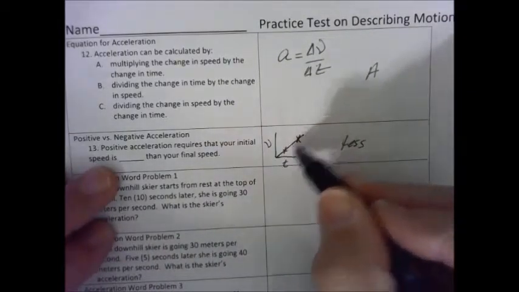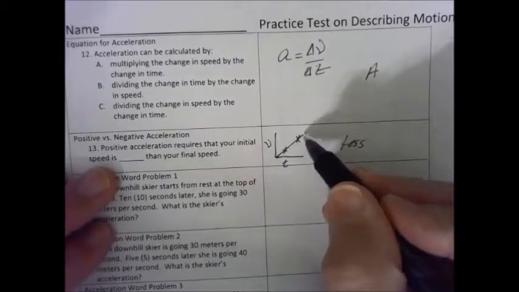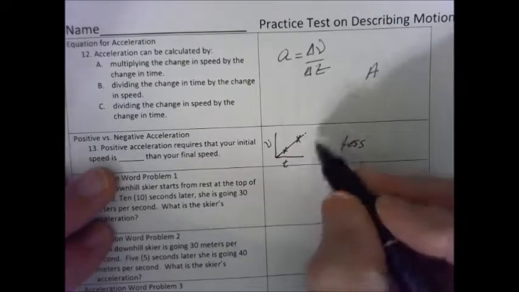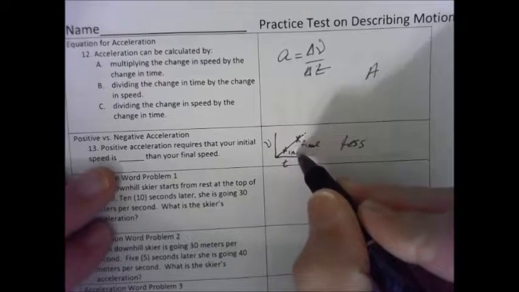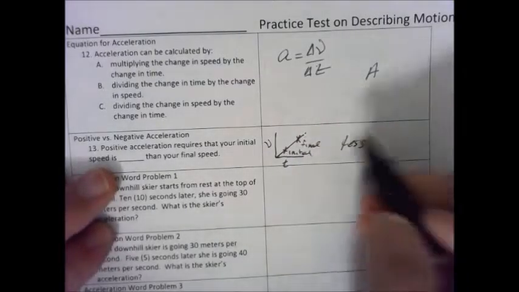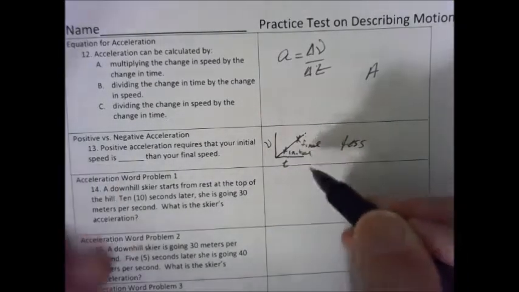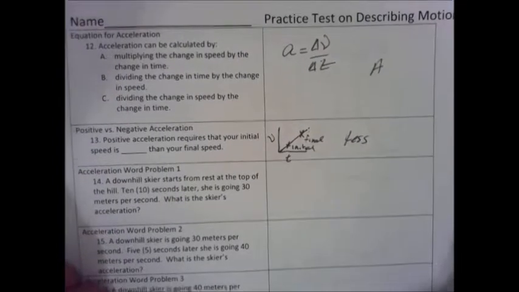This is a line of positive acceleration. It's got a positive slope. This would be your final speed, and this would be your initial. So your final has to be greater than your initial.